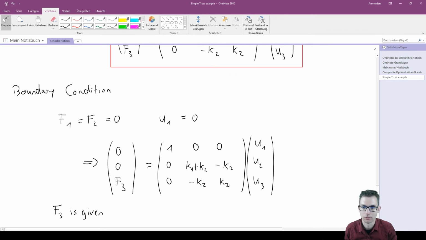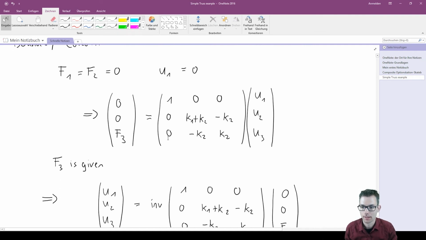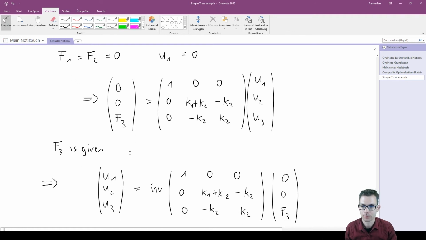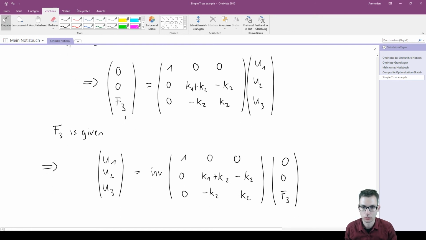So this remains 1, because then your first equation is 0 equals 1 times U1, and that's just what the boundary condition is saying. And as F3 is given, you solve for the displacements, and you do that by inverting the matrix here and multiplying it with the forces matrix.